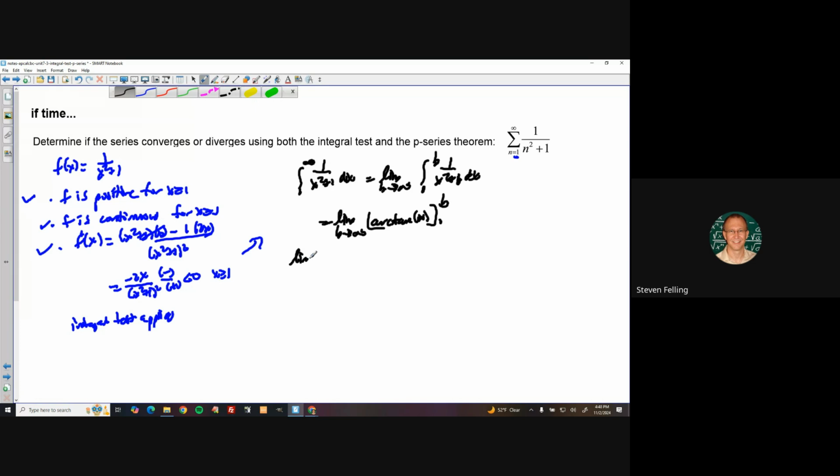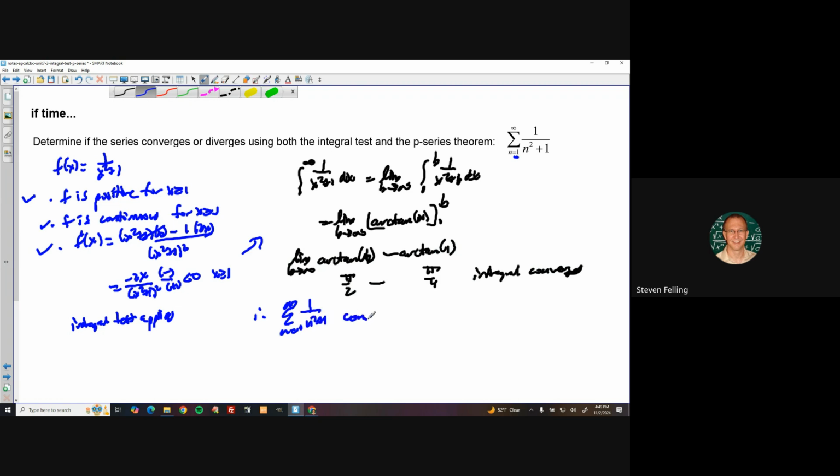So we've got limit as b approaches infinity of arctangent of b minus arctangent of 1. The angle whose tangent is 1 is pi over 4. And the angle whose tangent is infinity is pi over 2. So that means that the integral converges. And therefore, the series from 1 to infinity of 1 over n squared plus 1 converges by the integral test.